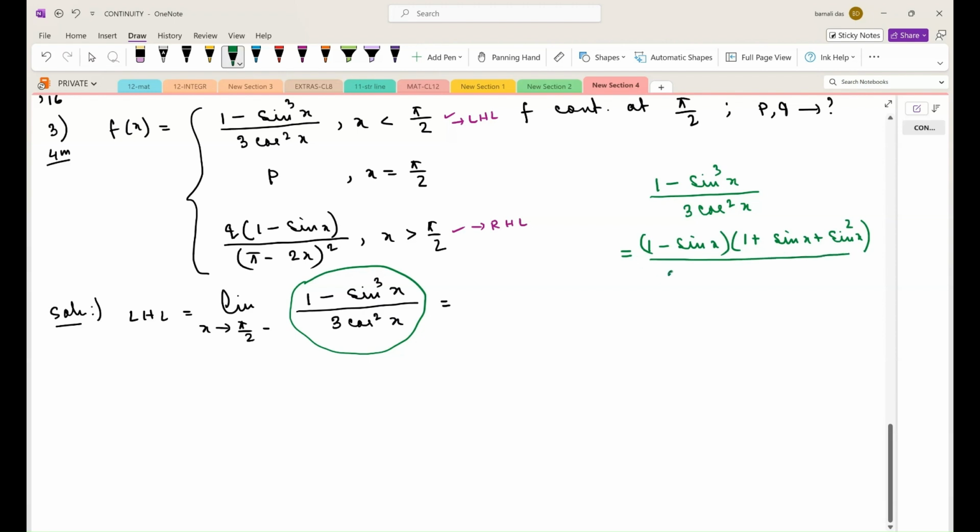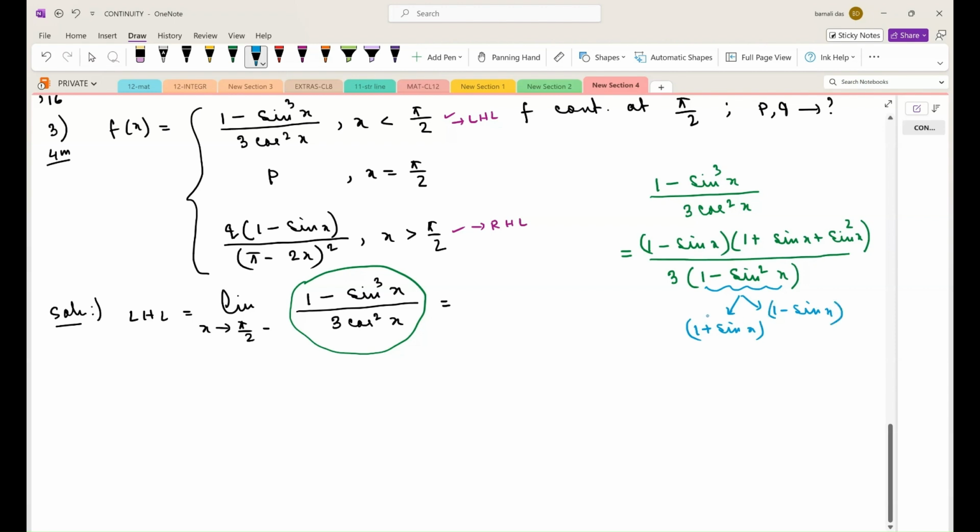now here instead of cos square x I will write 1 minus sine square x. So you can see from the denominator, that is this 1 minus sine square x, you will get two factors. One is 1 plus sine x and the other is 1 minus sine x, a square minus b square formula.